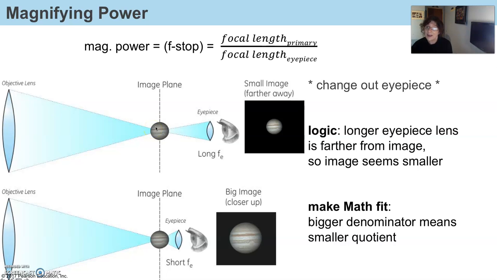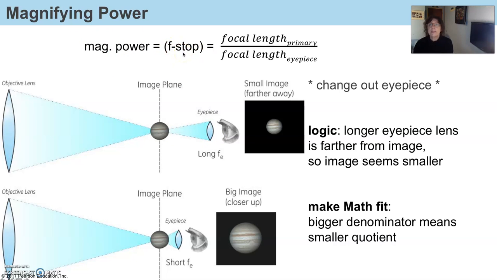You can have another focal length between the eyepiece and the primary focal point. They may not line up like you see here, but in dividing this longer focal length by this shorter focal length, you get the magnifying power, or the f-stop.